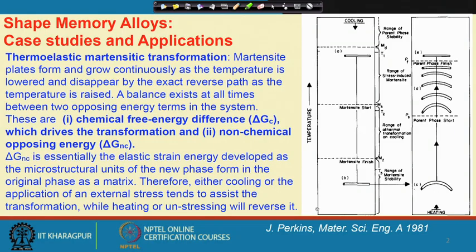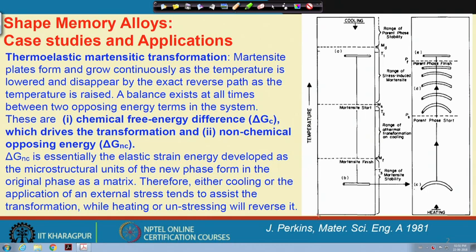And how such a thing really happens, I must discuss with a schematic diagram which is shown on the right hand side. You can see in this first picture, here we are talking about cooling from a higher temperature, where the parent phase austenite, A stands for austenite here, is stable, and once we cool it down, the austenite will transform into martensite just below the martensite start temperature.